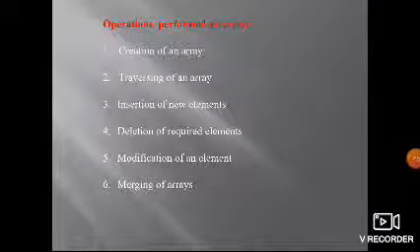What operations can be performed on an array? You can create an array. You can traverse it, which means you have to visit all the elements of the given list at least once. Insertion of a new element, if you want to add any value. Deletion of a required element.